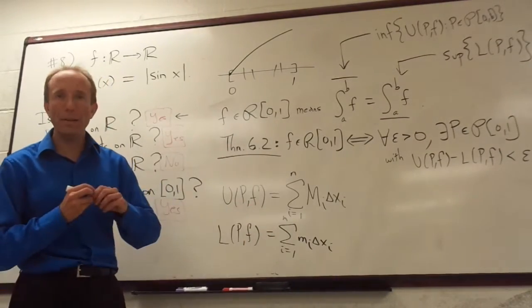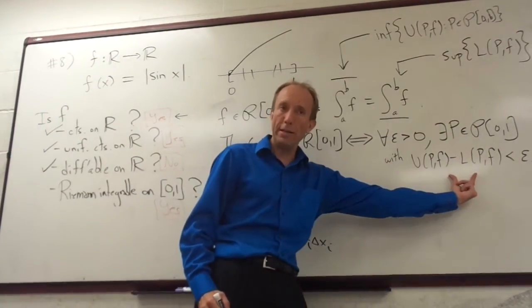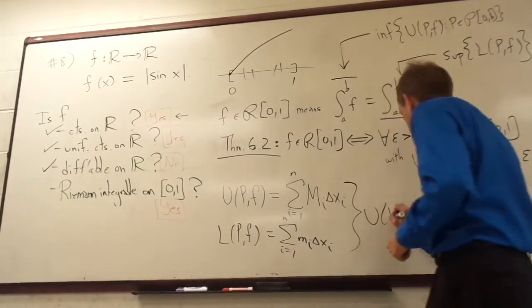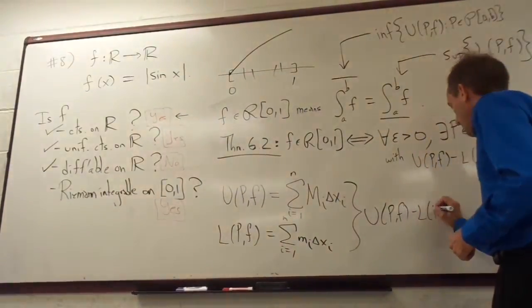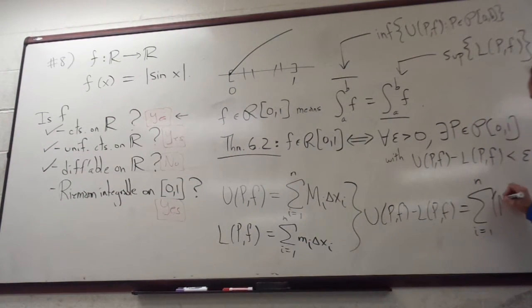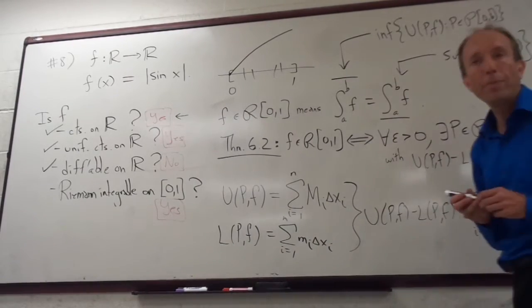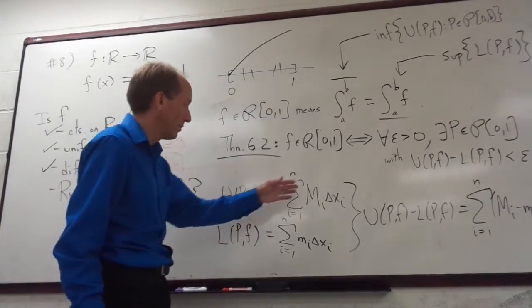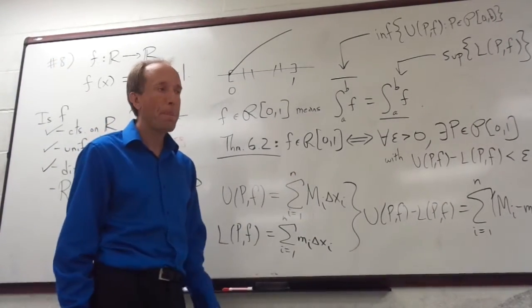When you subtract them, which is what we need to do here, we're going to get UPF minus LPF, a summation of n terms of big Mi minus little mi times delta xi. You're really just subtracting term by term.